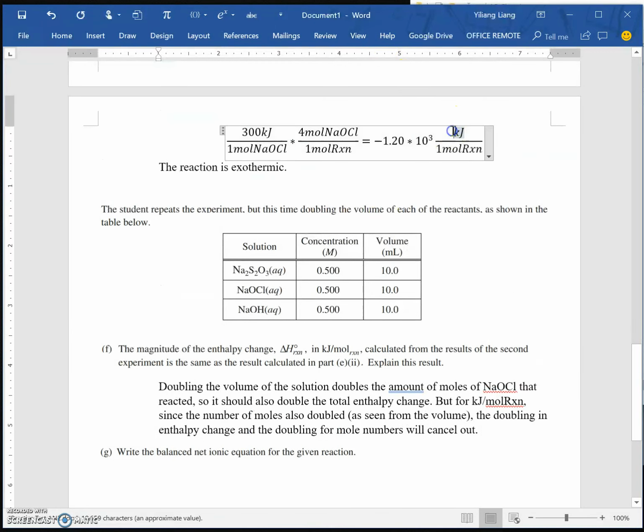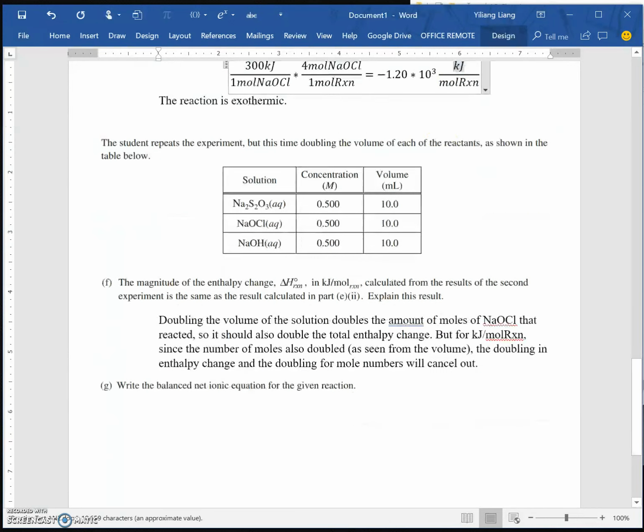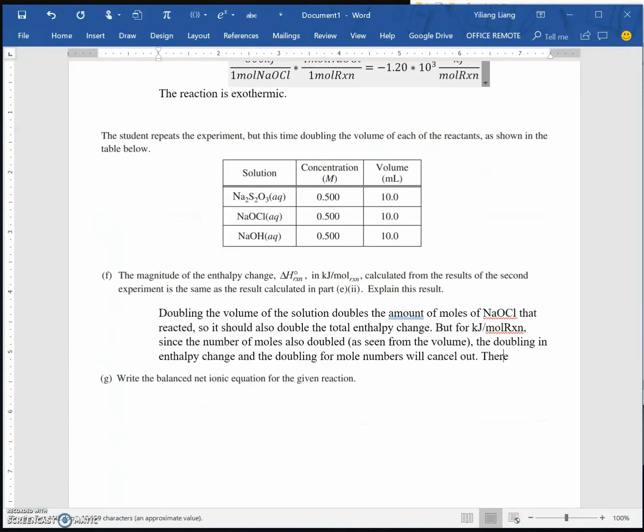It's like having two times the amount of kilojoules and two times the mole of reaction. They will cancel out and eventually they will give us the same result. Therefore, the enthalpy change in kilojoules per mole reaction will not change.